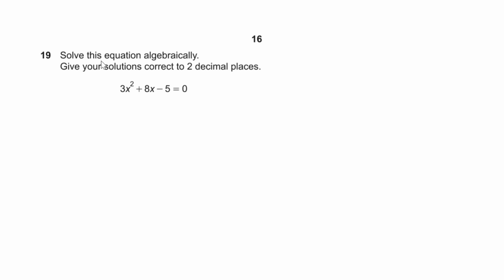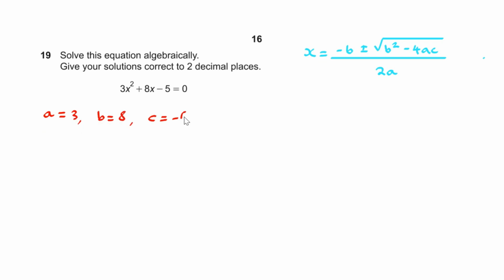Question 19, we have to solve this equation algebraically, giving our answer to 2 decimal places. So what we can do over here is substitute into the quadratic formula. So here is a reminder of what the quadratic formula is. And if we label our values of a, b, and c, you'd find a to equal 3, b to equal 8, and c to equal -5.